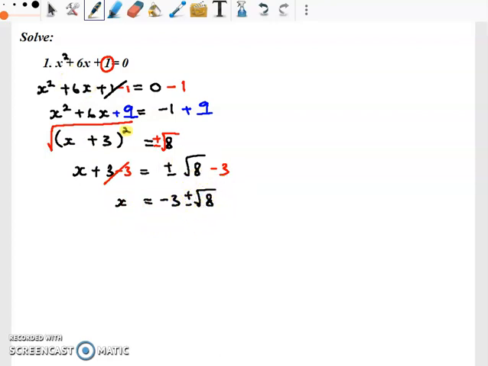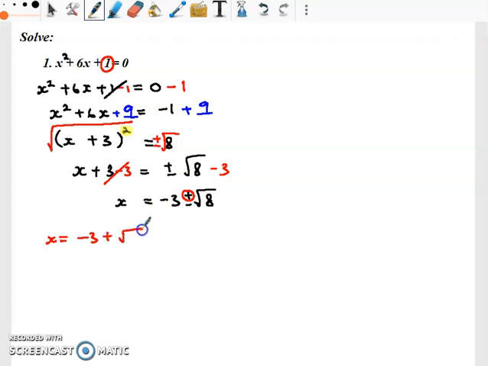If you notice, x is equal to minus 3 plus or minus square root of 8. So x in this case has 2 values. What you're going to do is split this into the plus and the minus section. So x is equal to minus 3 plus square root of 8. We're doing the plus part first.